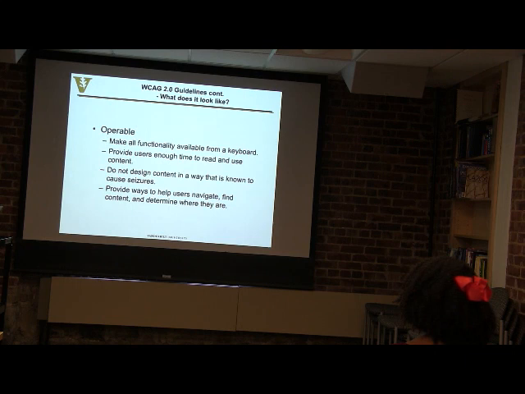Alright, so we talked about perceivable. This is our operable. Make sure that everything that you want people to use is operable. And a good basis for that is if you can access everything in that interface with a keyboard, then that's great. Because if I don't have vision, a mouse is not going to help me. So I'm going to use a keyboard only.